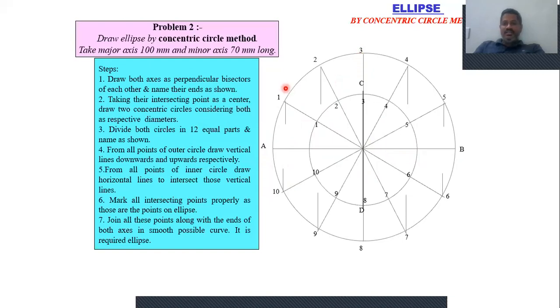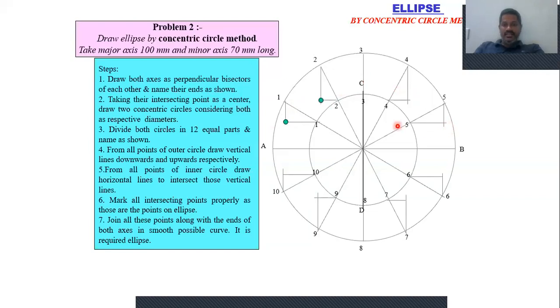Okay. After drawing the vertical lines from the major axis circle, then draw the horizontal lines from the minor axis circle like this. From the minor axis circle. So these horizontal lines are going to intersect the vertical lines dropped from the major axis circle like this. So now we have obtained the different points here.